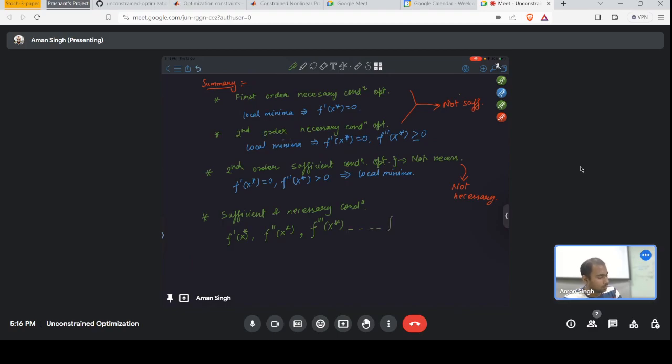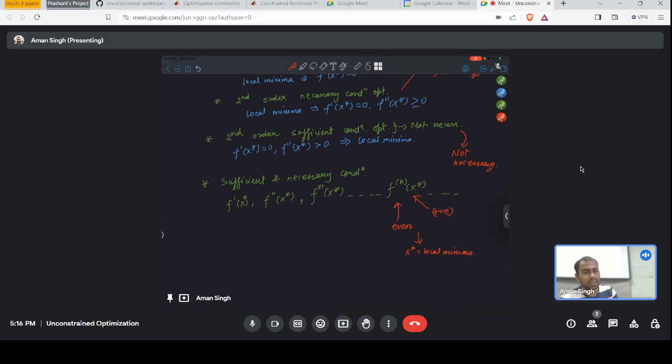So if this kth derivative is even order and it is positive, then x* is a minima, and this is both a sufficient and necessary condition. And if it occurs at an odd position, then it is a saddle point, not a local minima.